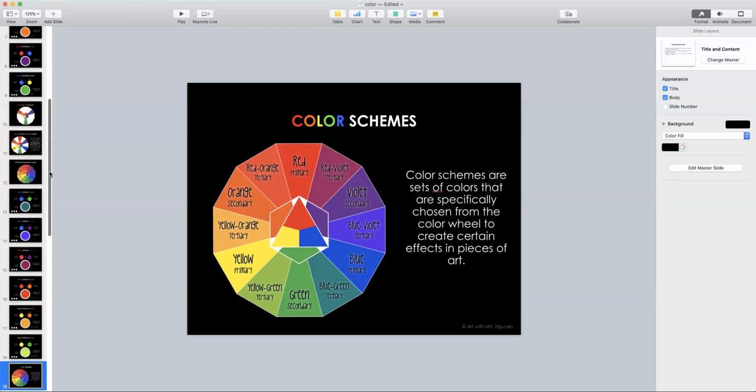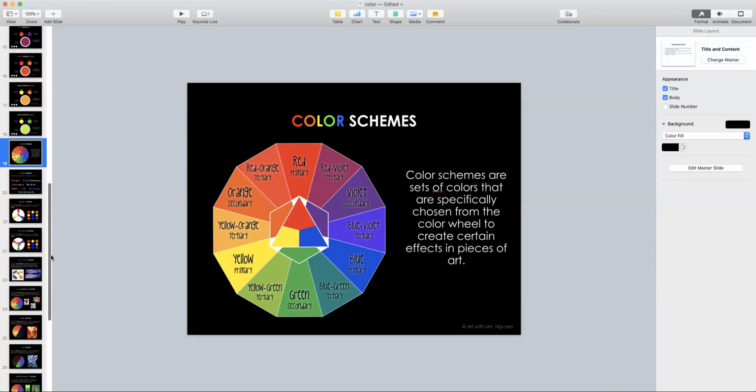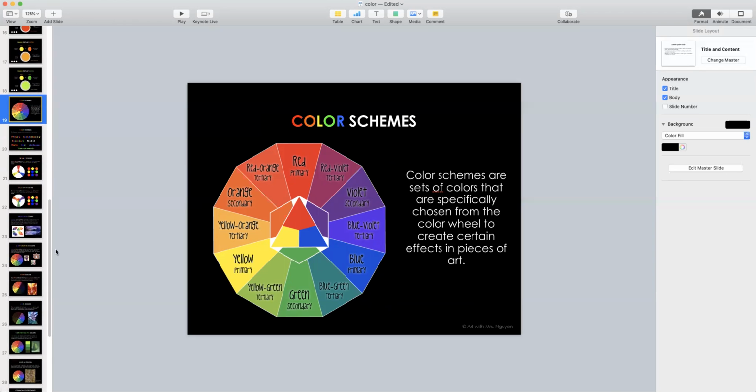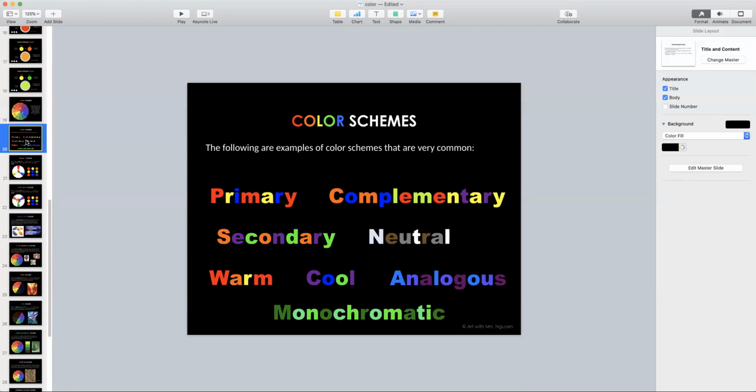And then when you're talking about color schemes, you're thinking about how you put them together in your artwork. Because like I said, this kind of shows you different colors look good together, and you can use that color wheel, use these color schemes to use successful color in your artwork.